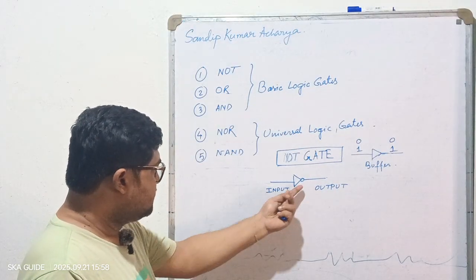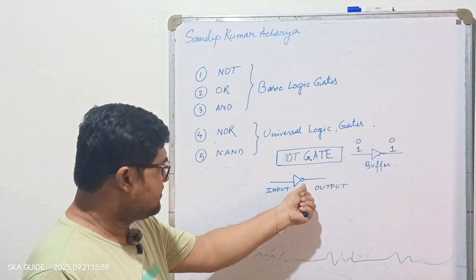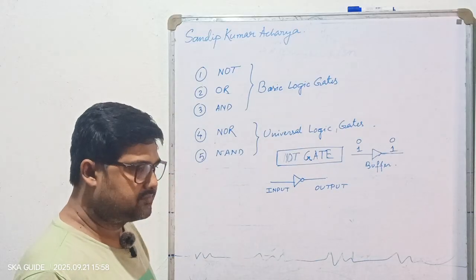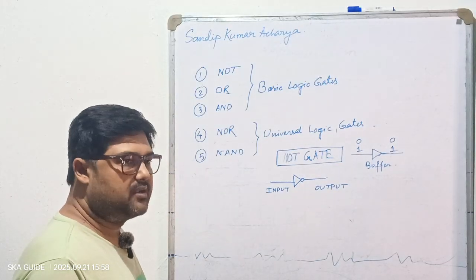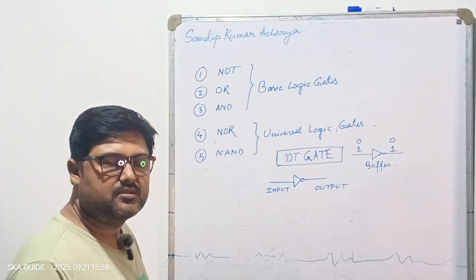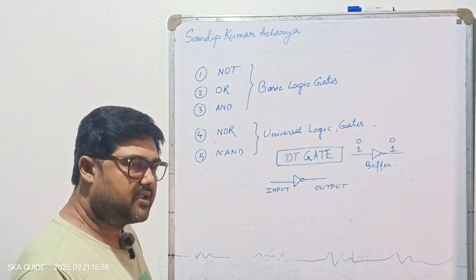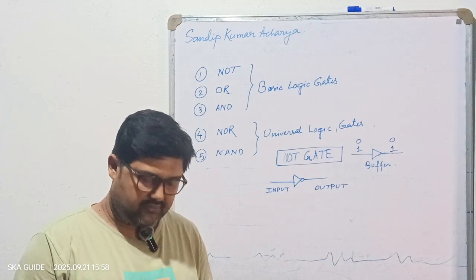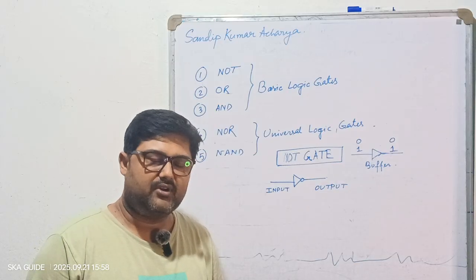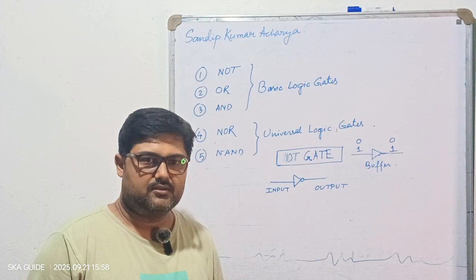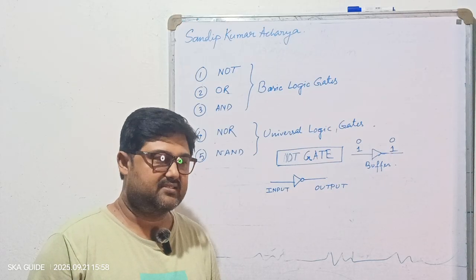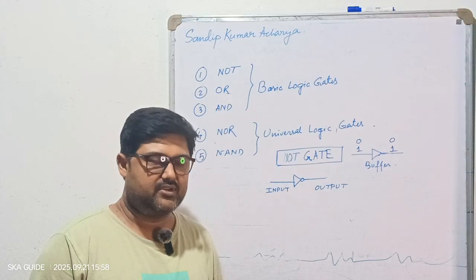Here we are putting one circle after the triangle or arrow shape, which is depicting the NOT functioning. And what is NOT? NOT means negation. And what is negation? Negation means whatever the input is, it will be inverted to the opposite bit.